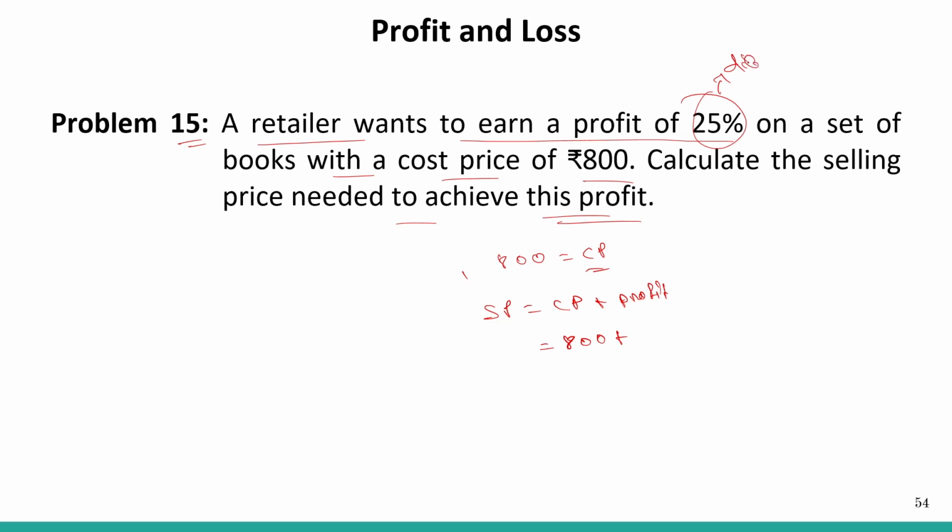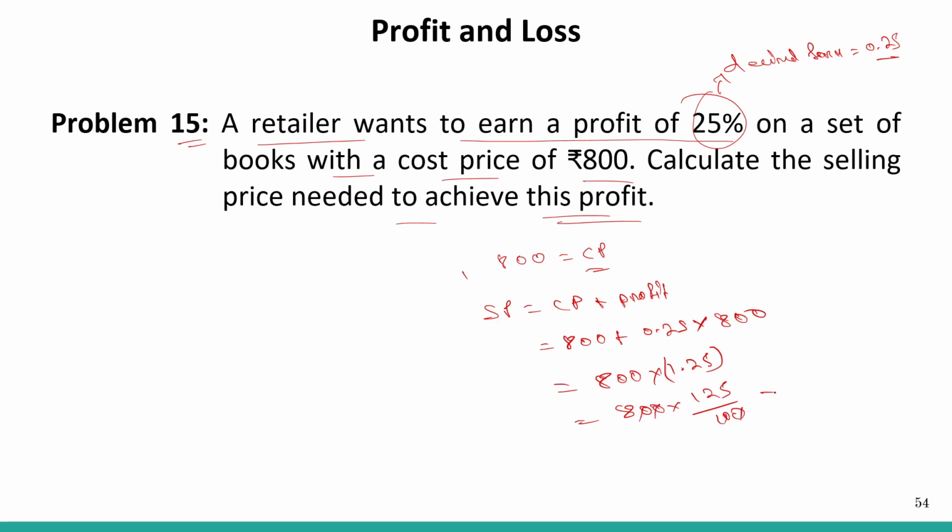So decimal form is equal to 0.25, right? So this much into 0.25 into what? 800. This is equal to 800 into 1.25. Okay, so this is nothing but 800 into 125 by 100.